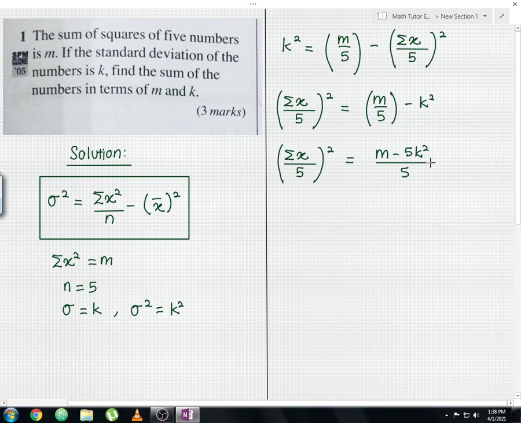From here, this square we're going to include in the calculation. So summation x square, divided by 25, is equal to m minus 5k square over 5. The working still remains the same.